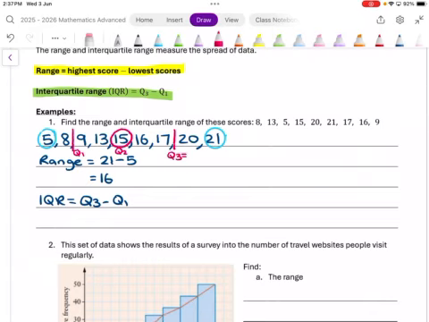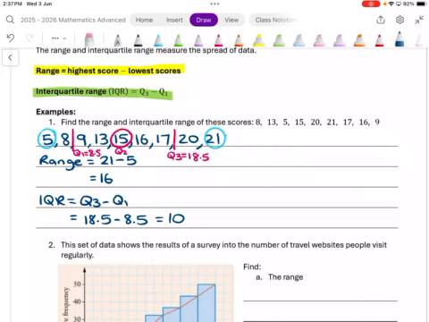Okay, our Q3, the number directly between 17 and 20 is 18.5. We can find that by going 17 plus 20 divided by 2, and the number directly between our 8 and our 9 is 8.5. Okay, so that means our IQR is 18.5 minus 8.5, which equals a solid 10.